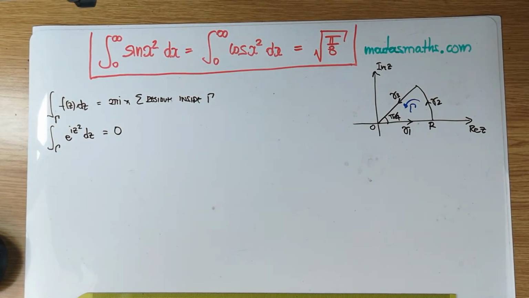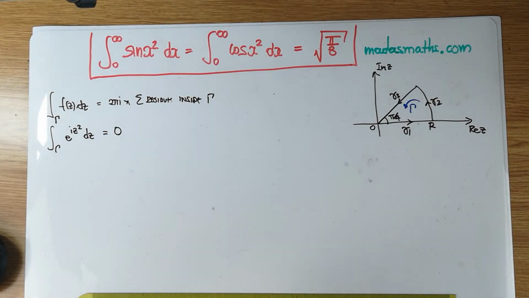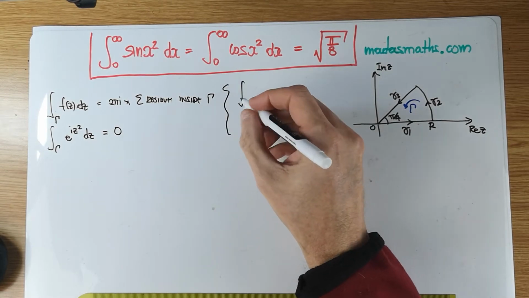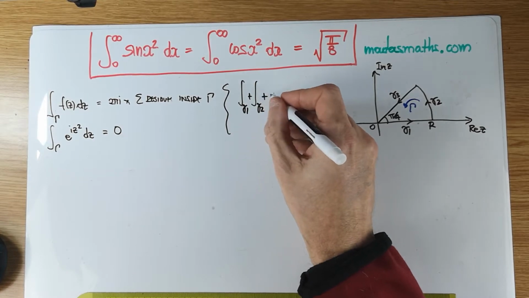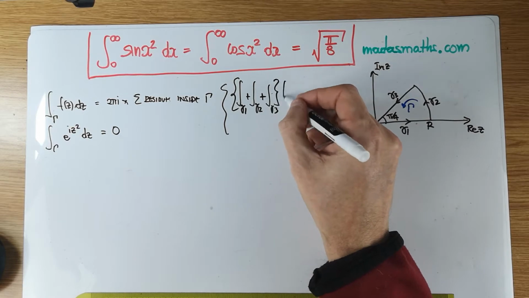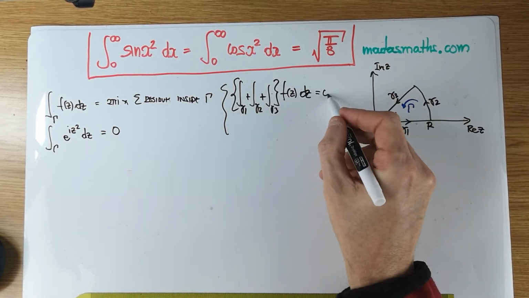Okay, so our next line, as per usual in this kind of work: the integral around gamma 1 plus around gamma 2 plus around gamma 3 of f of z dz, in this particular case, will be 0.